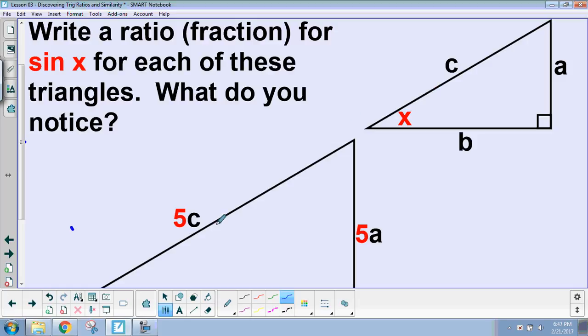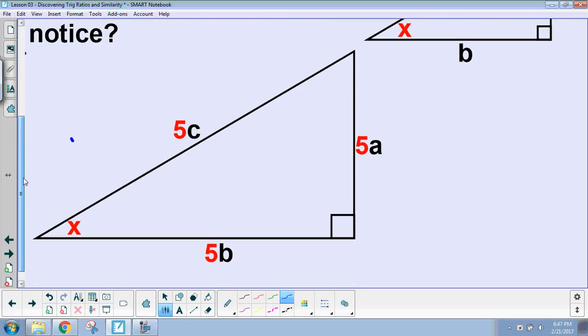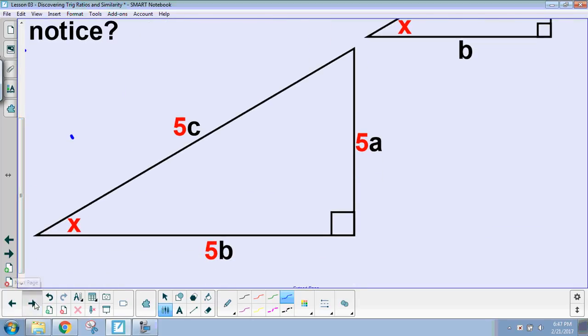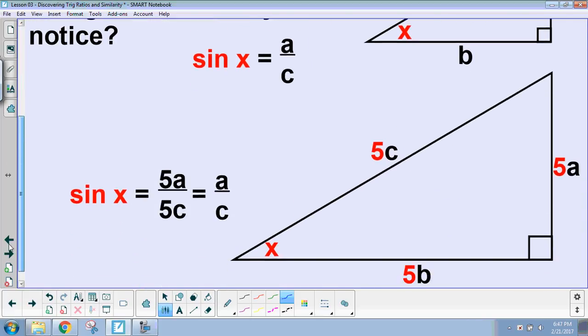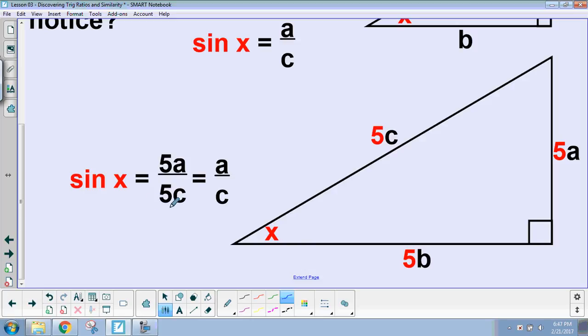Okay. You'll notice the little one is A over C. That big one is 5A over 5C. But as you remember, these 5's are going to cancel. It reduces down to just A over C. The same thing. These triangles are going to be similar because they have the same trig ratio. Okay?